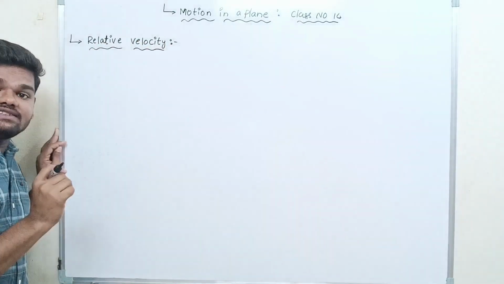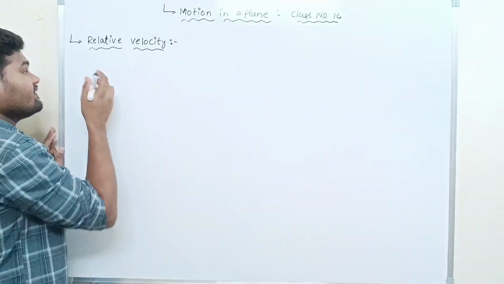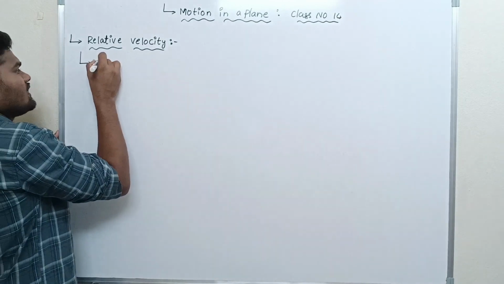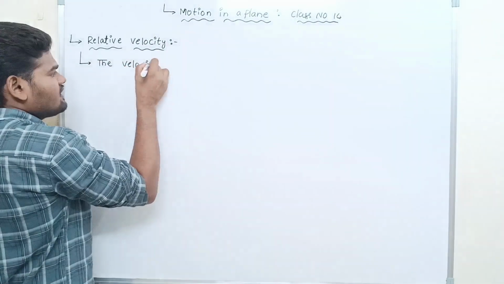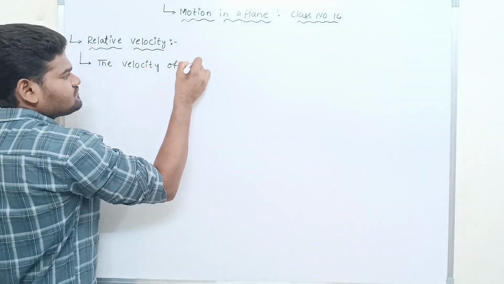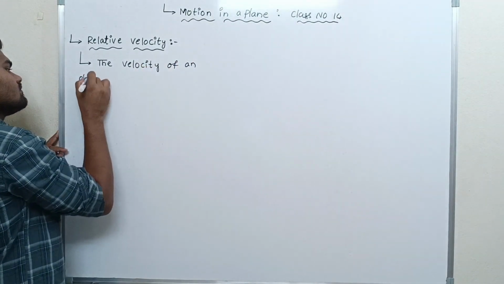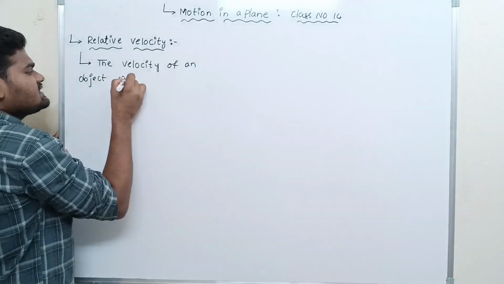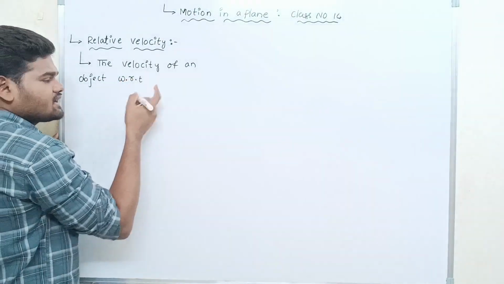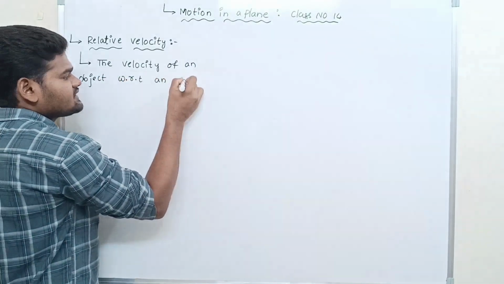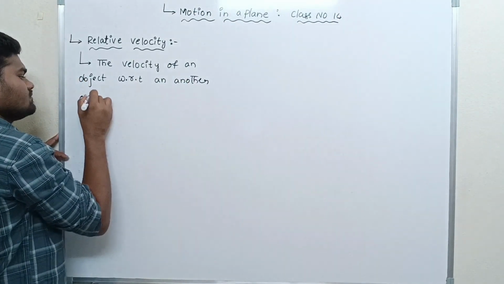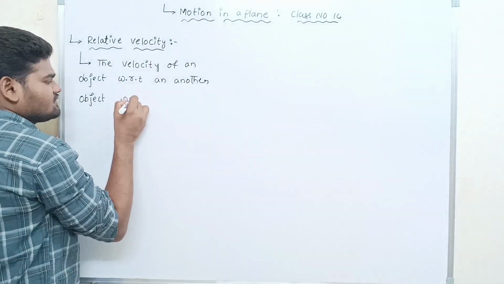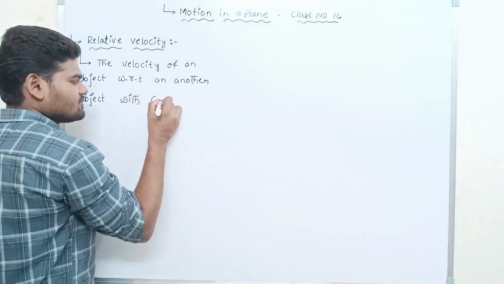So, in general, relative velocity means the velocity of an object with respect to another object with a common frame.